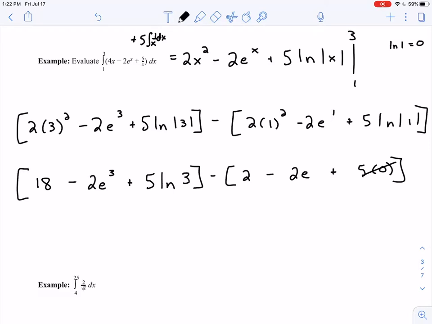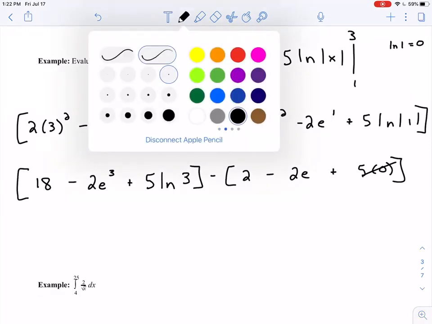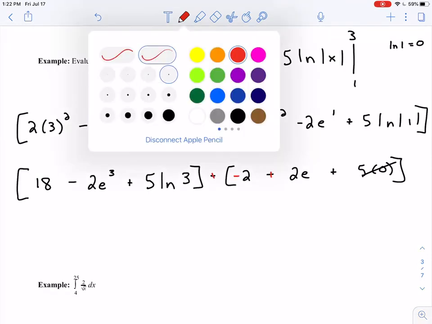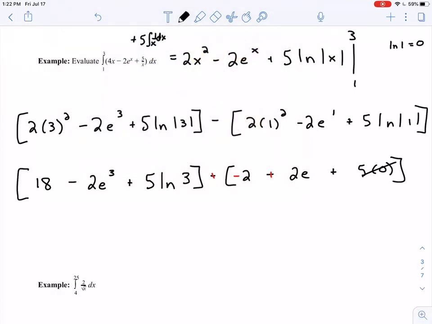And at this point, I guess I'll just do the best that I can here. Let's see if I can distribute this minus sign. So let's see, I should have 18 plus negative 2, I should have 16 minus 2e cubed plus 2e plus 5 natural log 3.